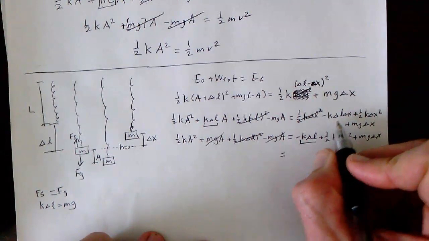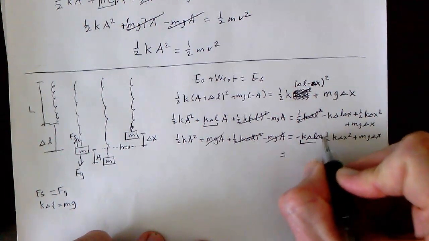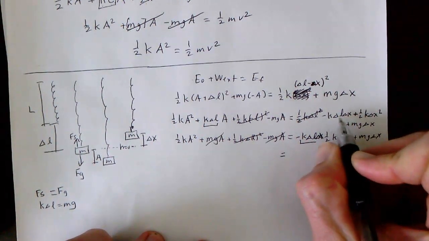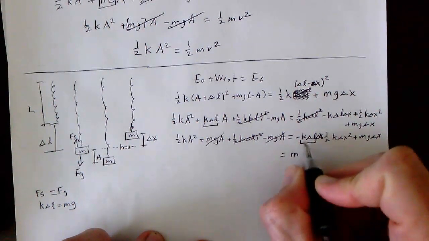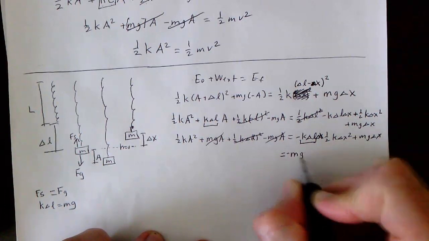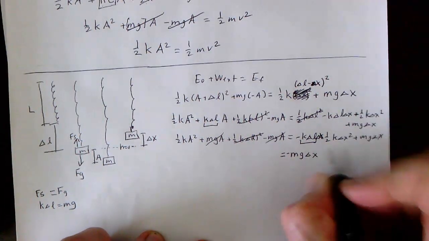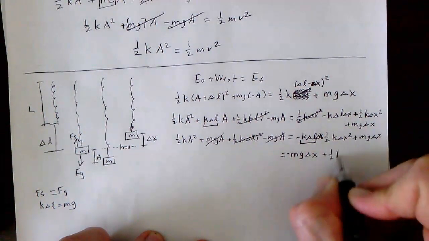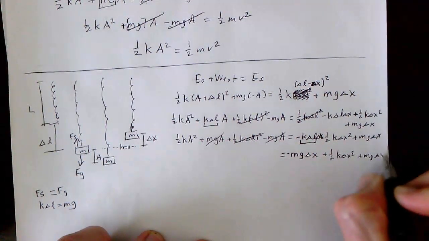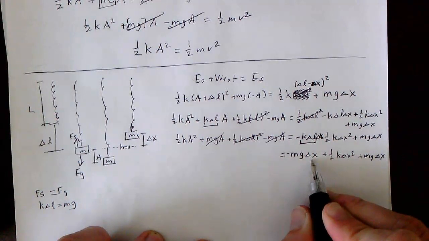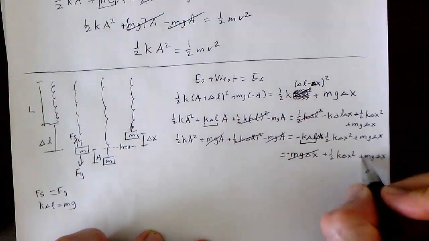So this is delta L, delta X. K minus K delta L, delta X. But minus KL, or K times delta L, is mg. So minus mg delta X plus 1/2 K delta X squared plus mg delta X. And we've got a minus mg delta X and a plus mg delta X, which goes away.